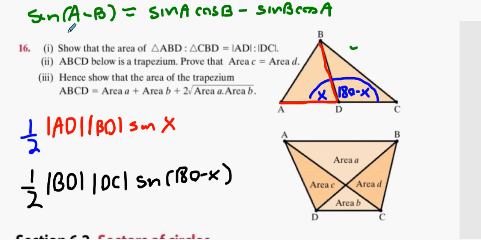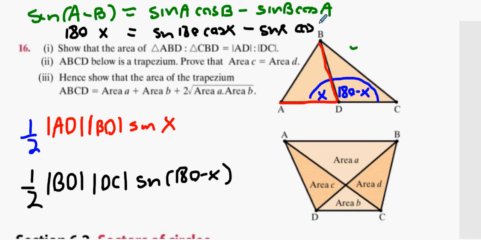Replace A with 180 and replace B with X. Sine 180 cos X minus sine X cos 180.